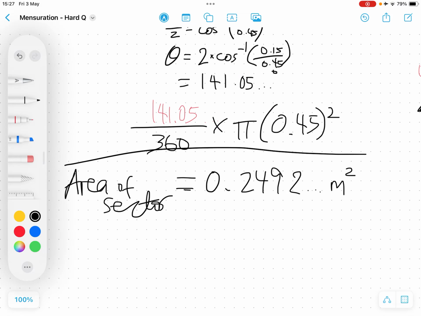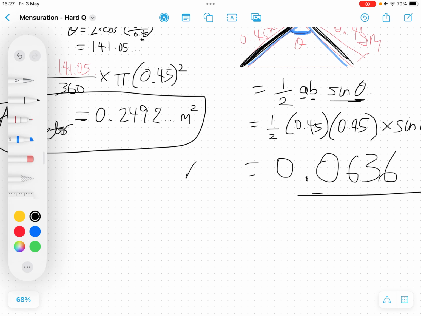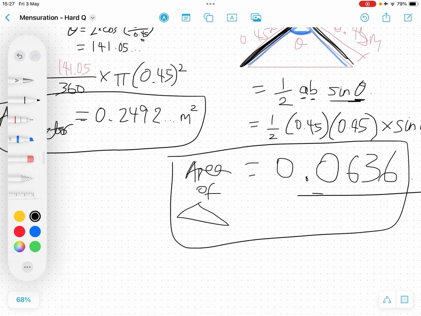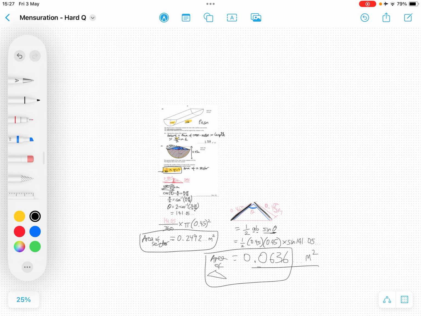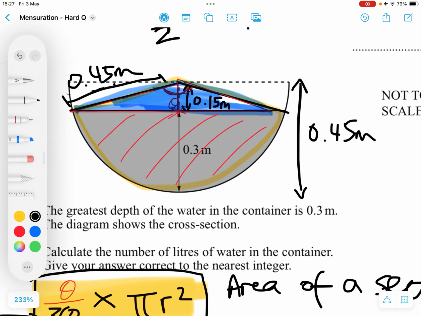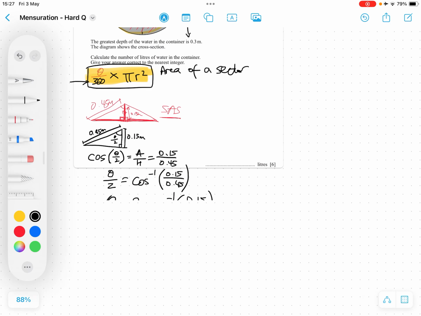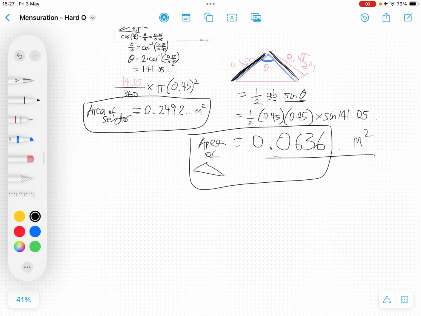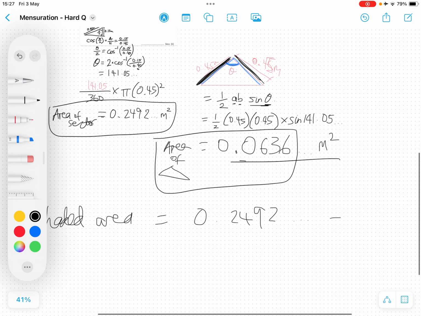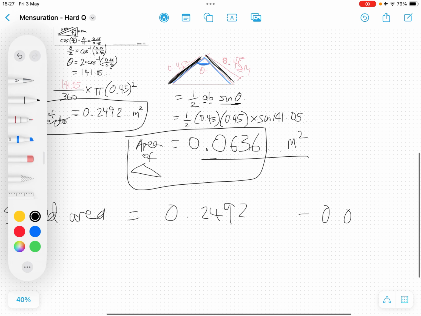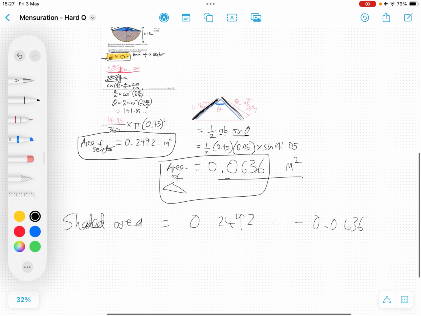So now we have the area of the sector, and this is the area of the triangle. Now we can subtract the area of the triangle from the area of the sector to obtain just this shaded gray area right here. So now the shaded area is equal to 0.2492 minus 0.0636.